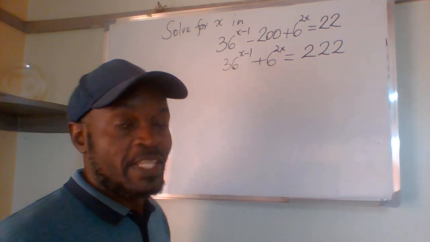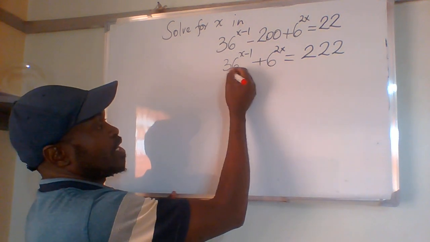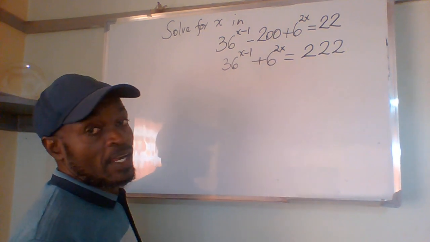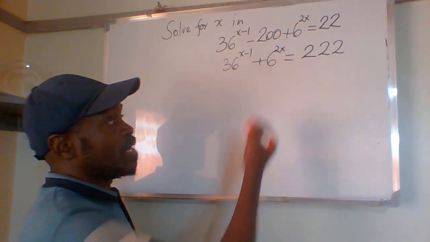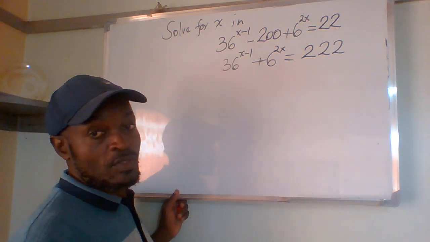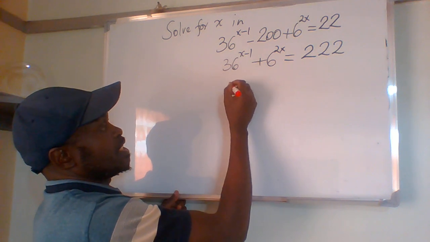So to begin with, if you have done indices, you could first of all write this to a simpler base. We could write this to the same base as what we have here.